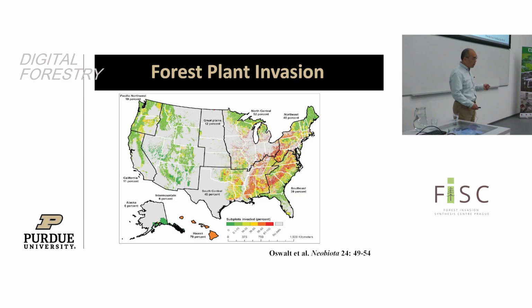But the limitation is that, since this paper came out in 2017 or so, we never had a second update, because invasives are not just sitting there. They're going to continue to grow, right? So what's the status now? We have no idea.